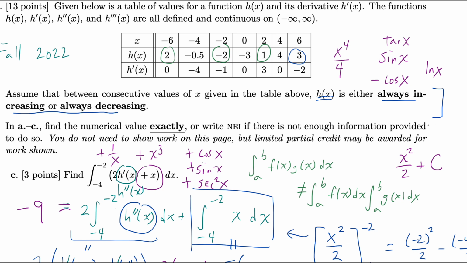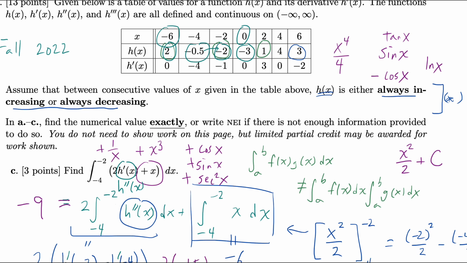But since we have this key assumption, we can say a lot more. From -6 to 0, we see that h of x is going down from 2 to -0.5, then down even more to -2, then down even more to -3. So we know h is decreasing here.